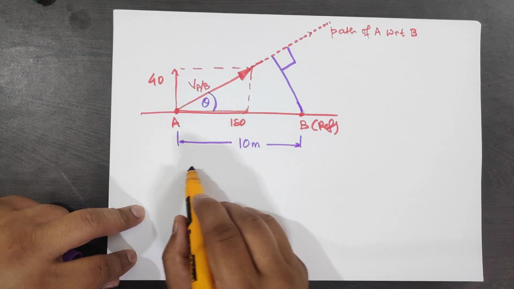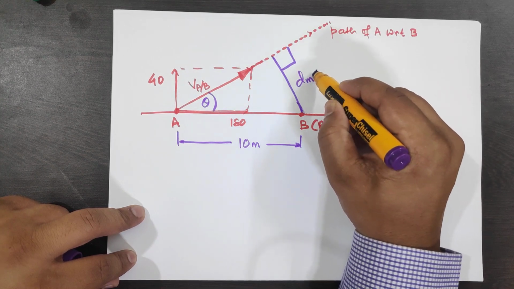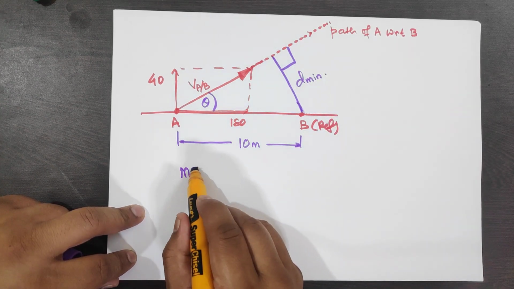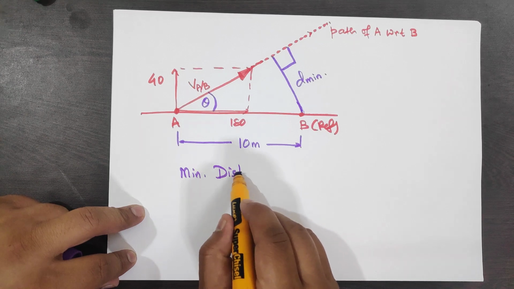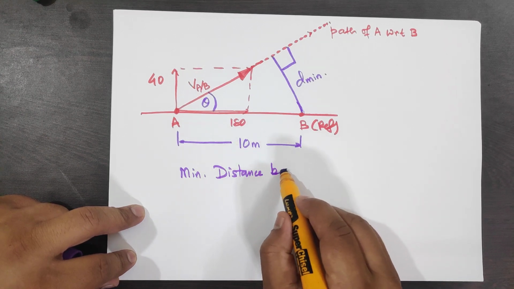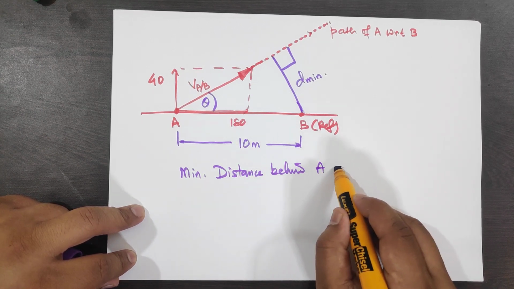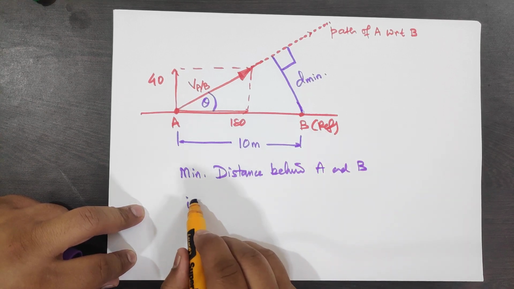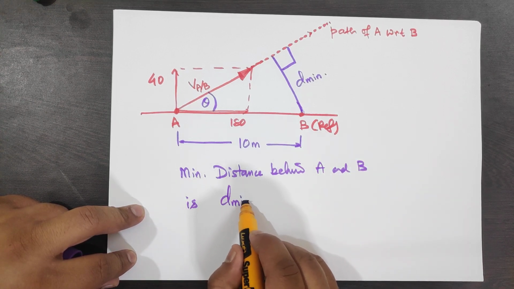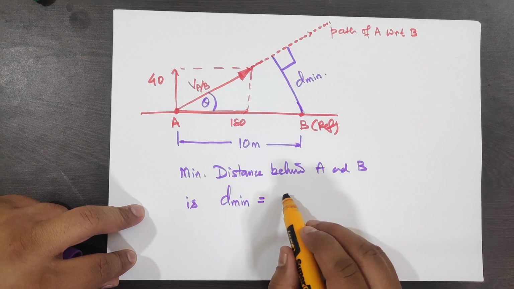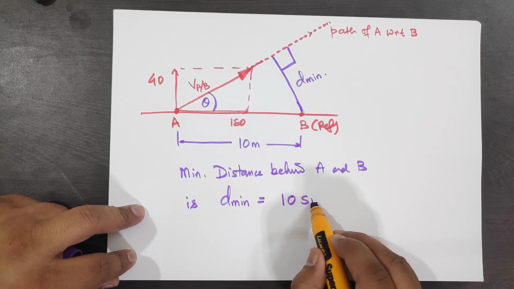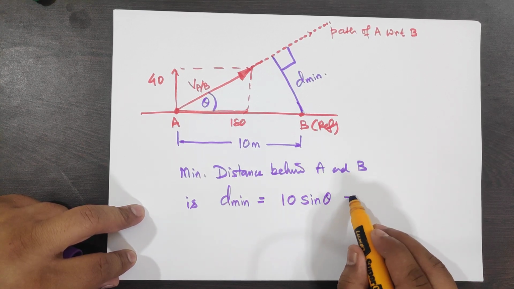This was 10 meters. So this is D minimum. So the minimum distance between A and B is this one, D minimum, equal to 10 sine theta meters.